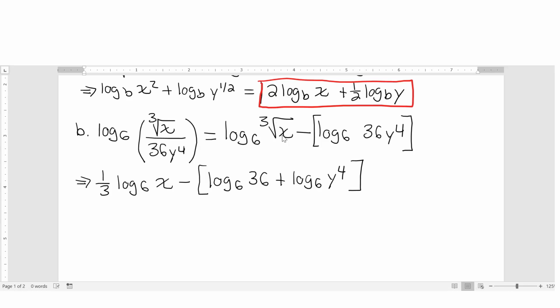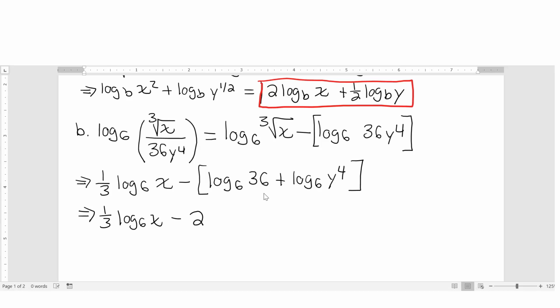But now we can do some further simplification within those brackets. So as we continue simplifying, it will be 1/3 log to the base 6 of x minus, now notice, this is base 6. 6 to what power gives me 36? Well, 6 squared is 36. So that whole piece can evaluate to 2. And then, of course, this negative sign will make that negative.